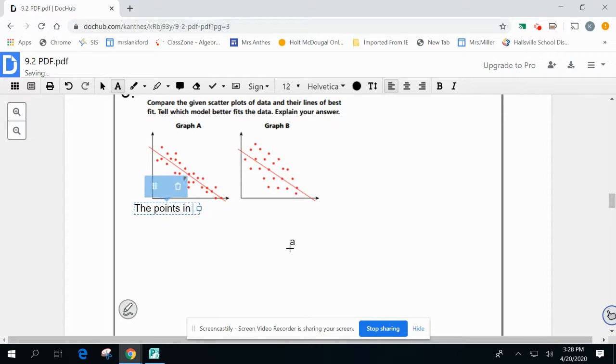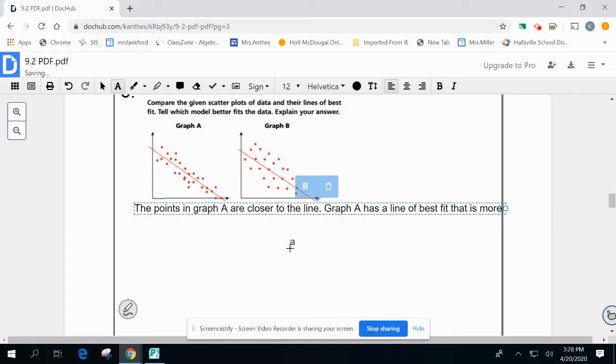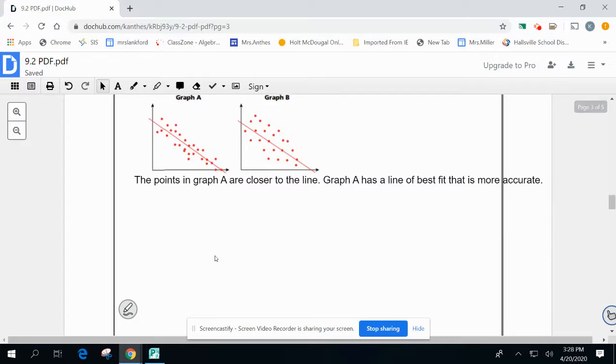So graph A has a line of best fit that is more accurate. That's my opinion; you could argue a different opinion.